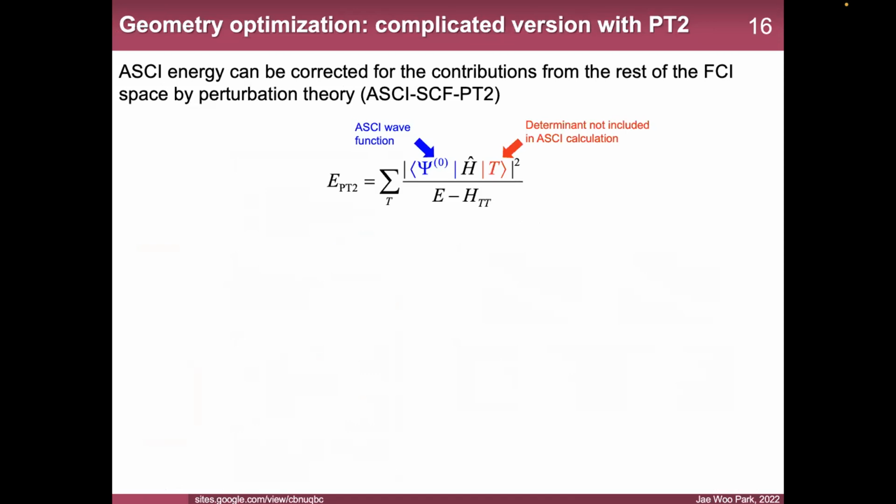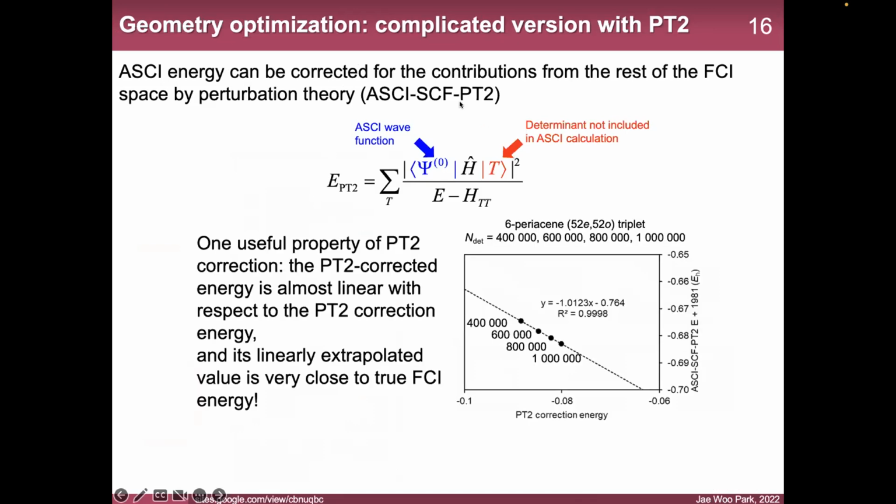This is the simple version. And in a more complicated version, the SCI energy can be corrected for the contributions from the rest of the FCI, which is not included in the truncated CI expansion, by perturbation theory like this. And this PT2 corrected energy has one useful property, that the energy is almost linear with respect to the PT2 correction energy.